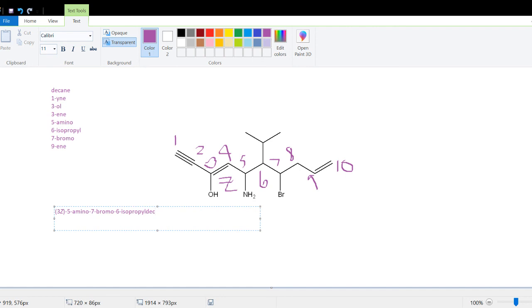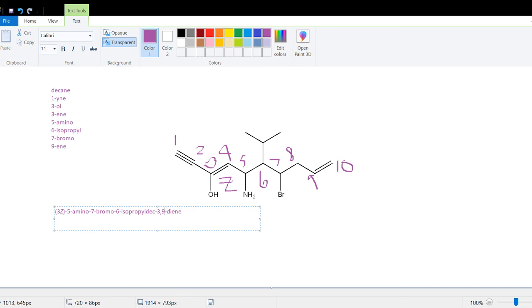Now, at this point, it's like, well, which one comes first, the ene or the yne? Enes come before ynes. It's an alphabetization issue. So, 3,9-diene.